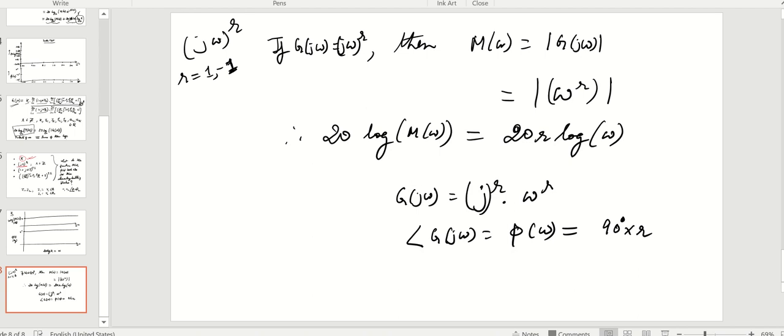For every j there's a rotation of 90 degrees, so it's a phase contribution of 90 degrees depending on the sign of r, whether it's plus or minus. This will be either a negative phase contribution or a positive phase contribution, and you know that especially for 1 and -1 it's either an integrator or a differentiator. We've just discussed this when we were discussing controller design using root loci. All right, so then what should the plot look like?